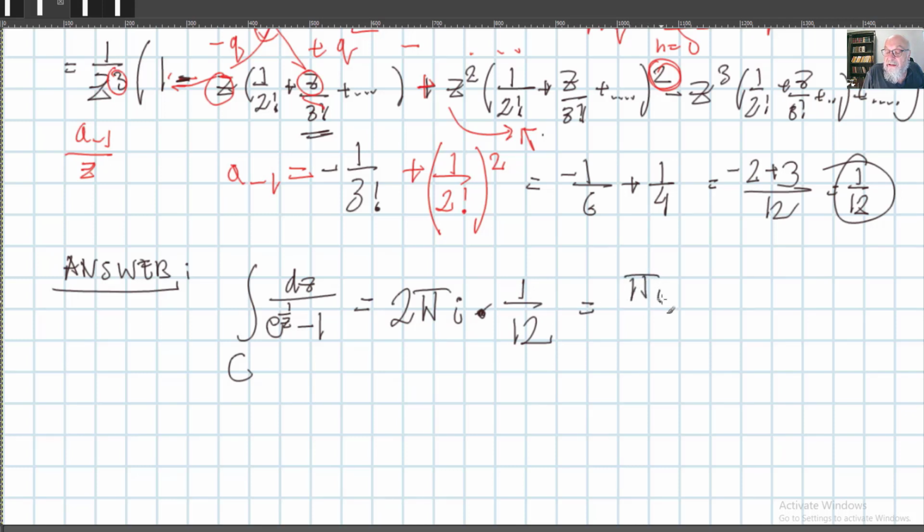We obtain this is pi i over 6, and we are done. So that's the example of the computations, and mainly this is, I would say, a sufficient number of integrals.